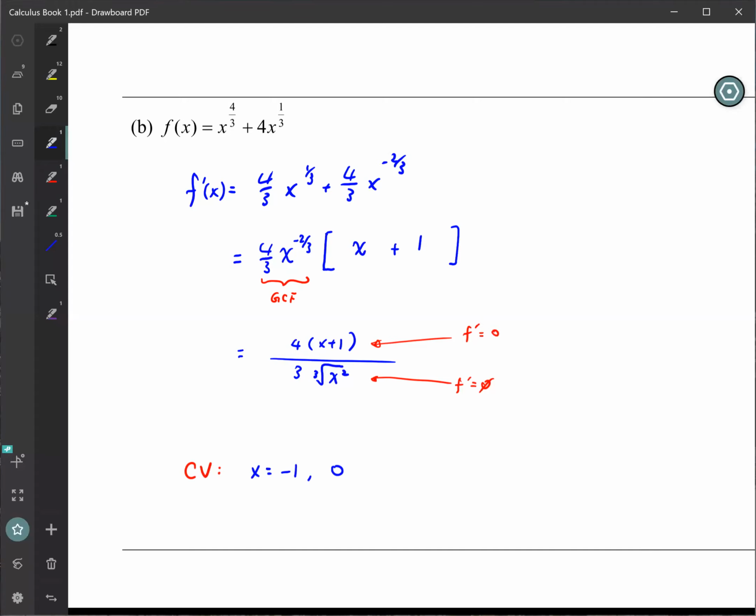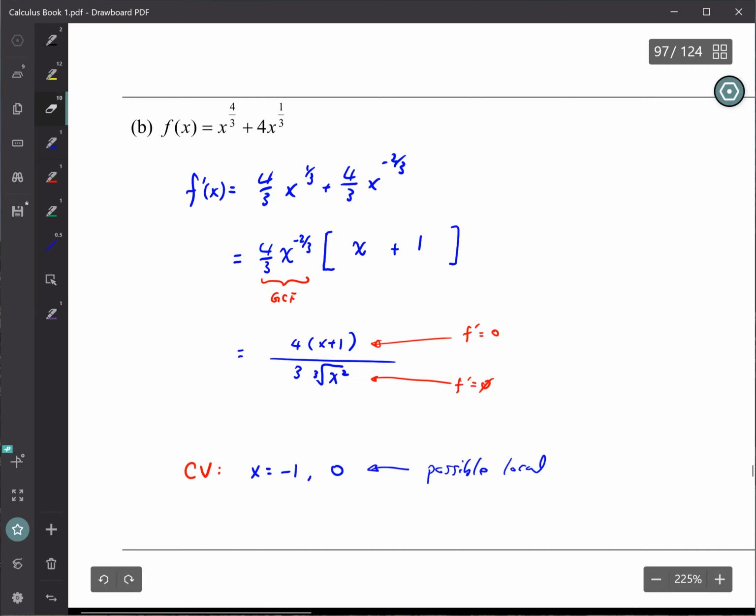They are both called critical values because they are the possible locations, right? Possible local extrema. They're only possible, okay? Maybe it's not, right?